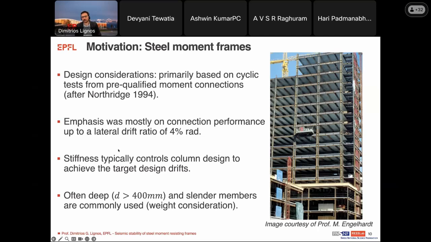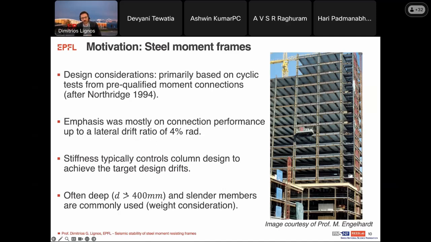And the other thing is that moment frames above a certain height would be controlled by stiffness rather than strength that you typically see, for instance, in a reinforced concrete shear wall. And stiffness will control primarily column design to achieve the target design drifts, especially in the US, where we use perimeter frames rather than space frames that are more common in Europe.